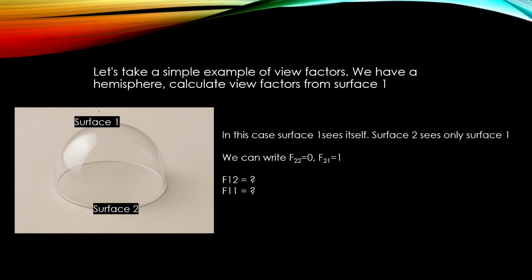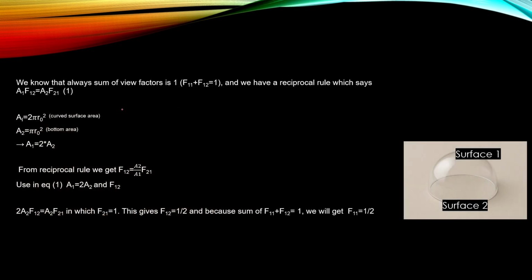But how well is surface number 1 seeing itself? We know that the sum of the view factors is always 1. And we have this reciprocity rule. Now we can calculate the surface areas.